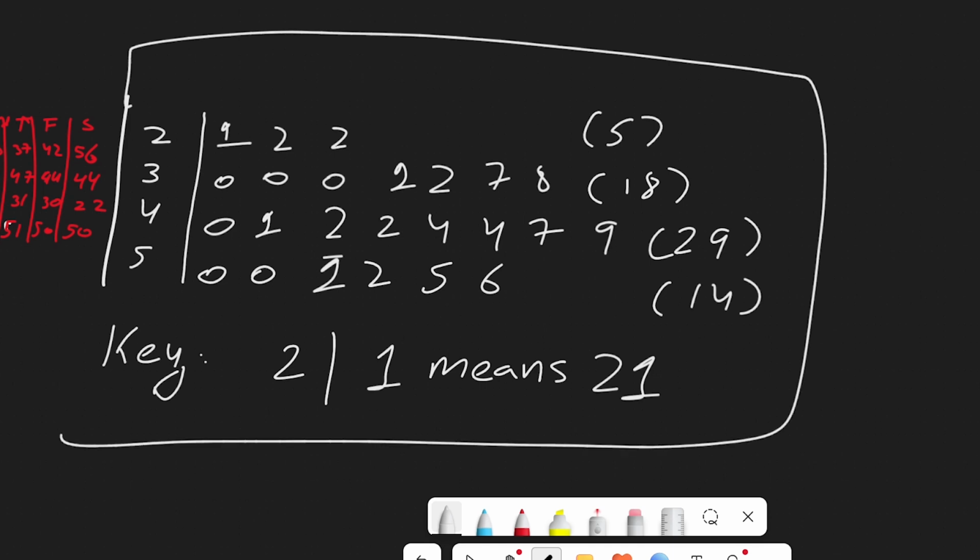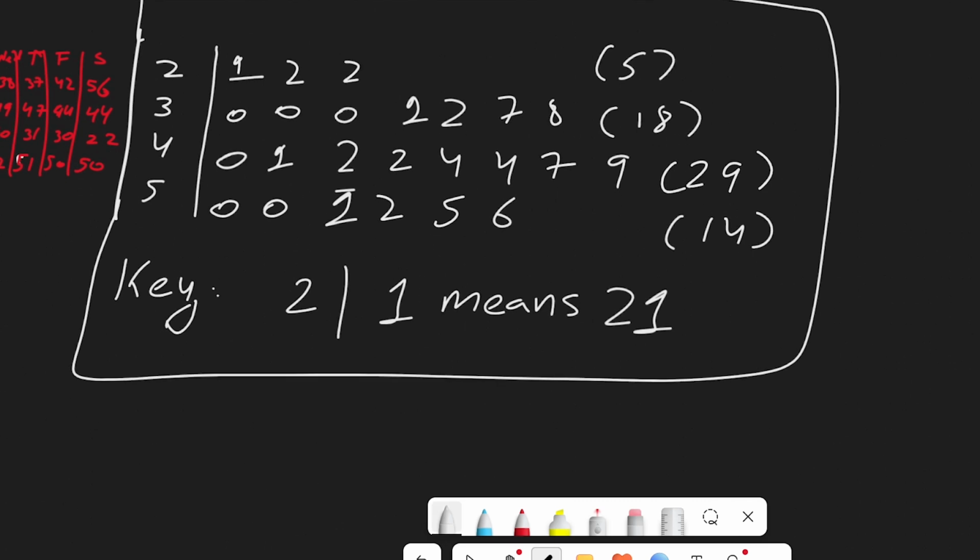Now from this stem and leaf diagram we can infer so many things. For example, we could have reduced the range earlier as well. Now we can see the median. The position of the median is n plus 1 over 2, right?